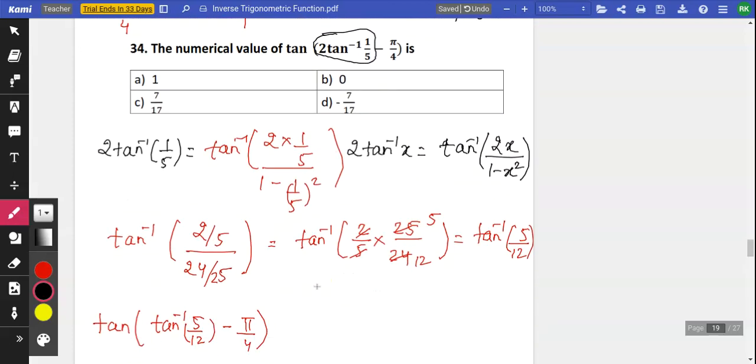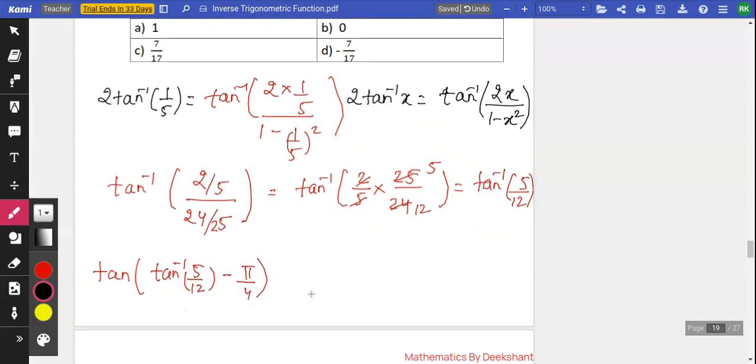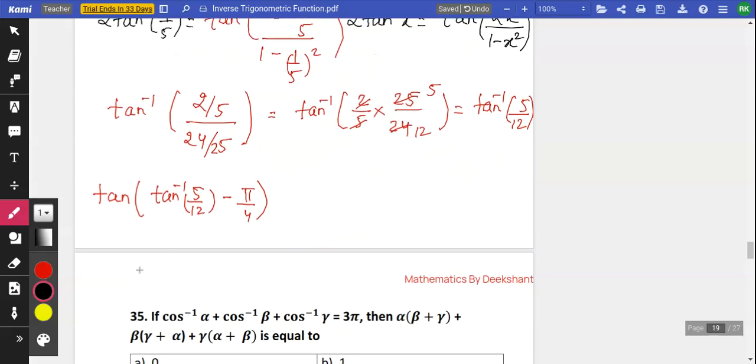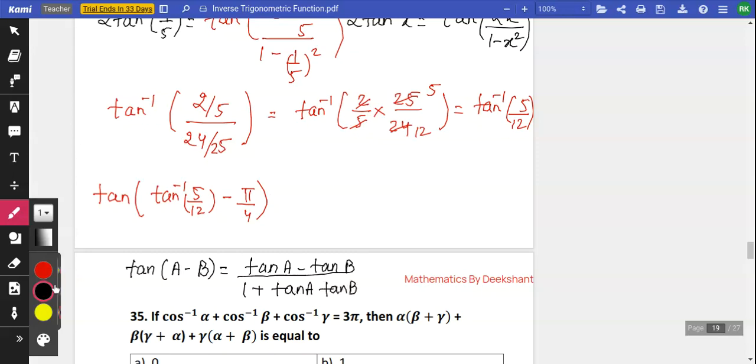Basically the formula of tan a minus b is equal to tan a minus tan b upon 1 plus tan a tan b. Now apply the same formula. This term becomes a and this term is b.